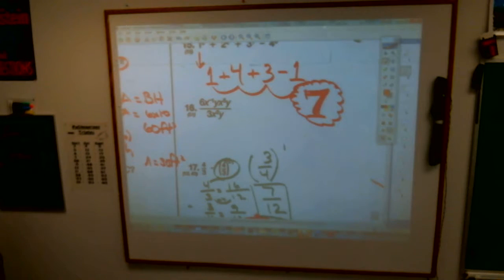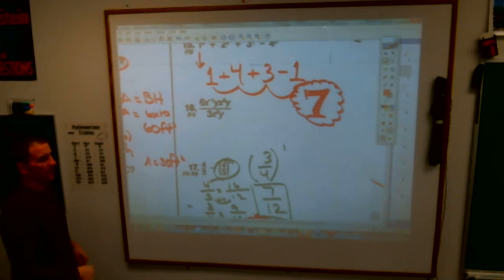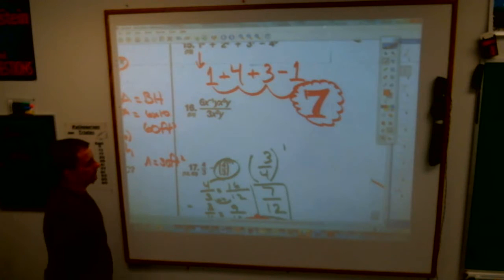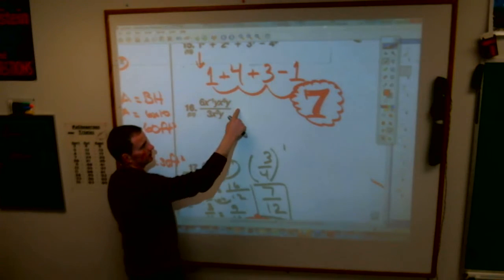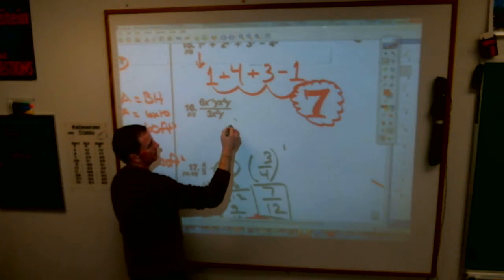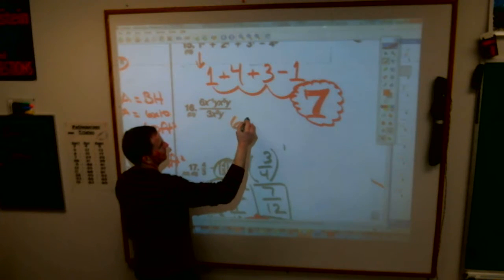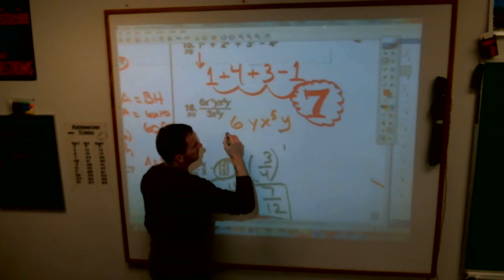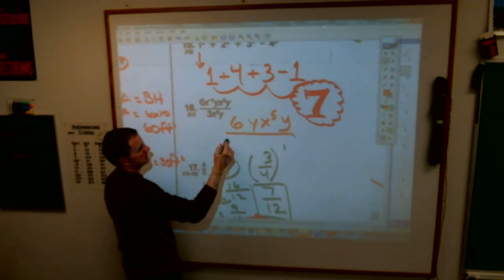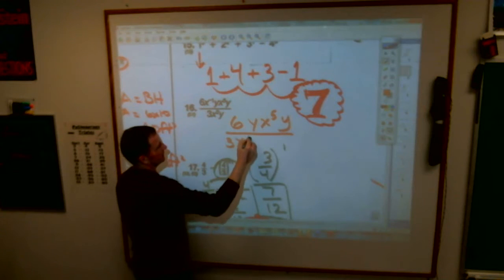All right. Find all the negative exponents and make them positive because we don't do well with negative exponents. So I'm going to rewrite this. The only one that needs to be changed is the negative 1 needs to go to the bottom. I'll rewrite the whole thing. 6 y x to the 5th y over, I'm moving the x down, let's put it at the end.